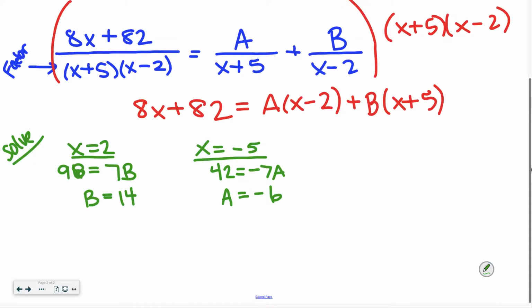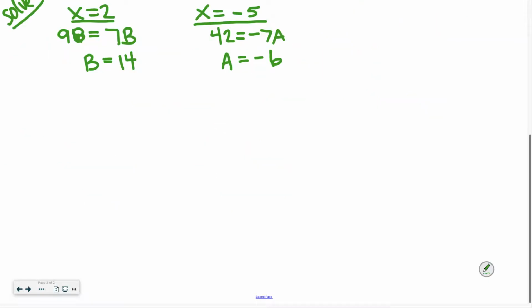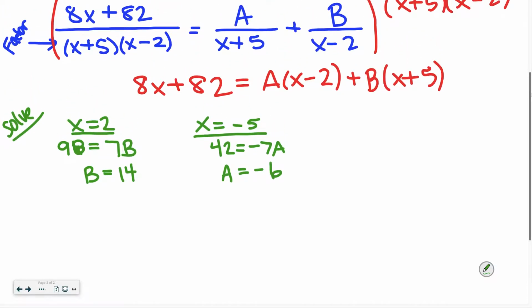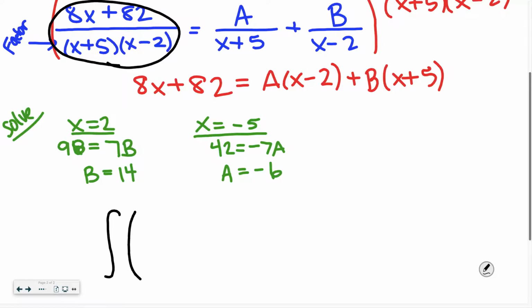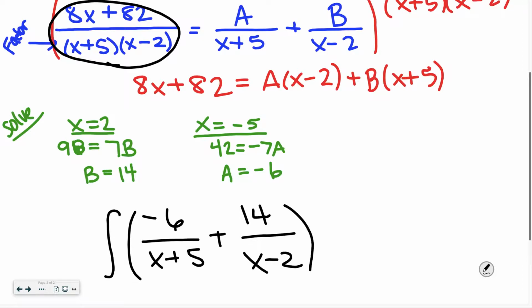All right, so now our integral. Our integral started off as this right here, right? Well, now our integral becomes a over x plus 5 plus b over x minus 2 dx.